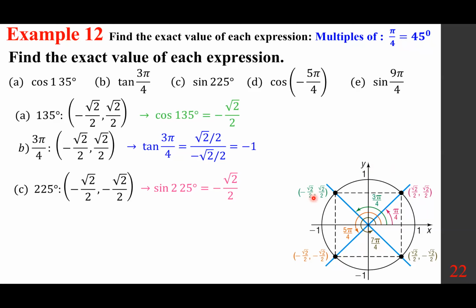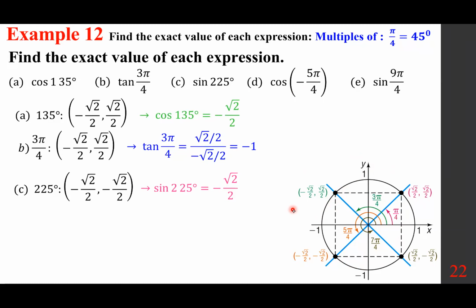Cosine of -5 pi over 4. So -5 pi over 4, when you start from here and you go -5 pi over 4, puts you in the second quadrant, so right here. Or you can think of cosine of pi over 4, which is square root of 2 over 2 in the second quadrant.